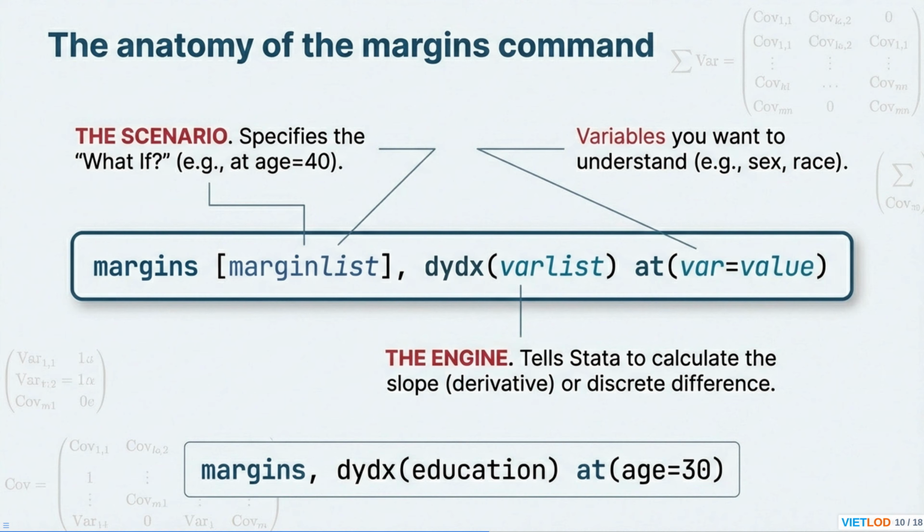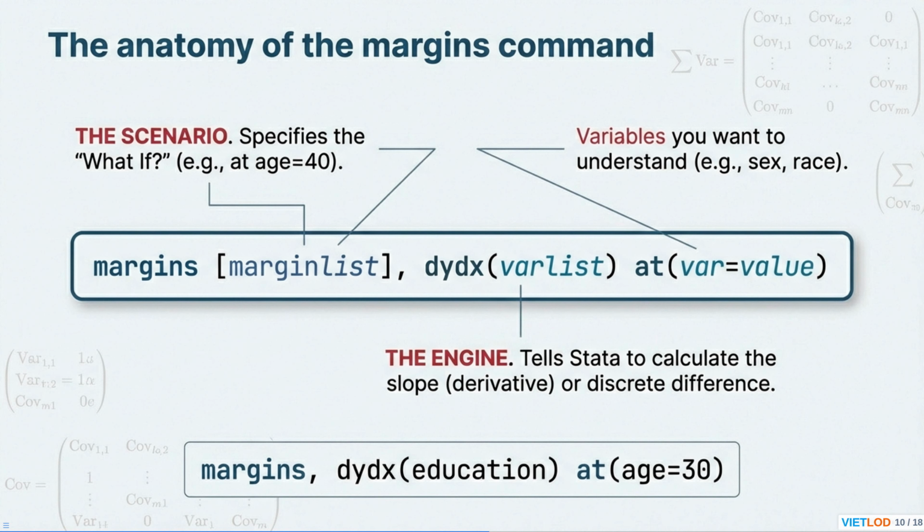Then we have the at(var = value) option, which sets the scenario. It allows you to fix other variables at specific values to calculate conditional marginal effects, which is particularly useful when implementing a marginal effect at representative values, or MER, as discussed earlier.